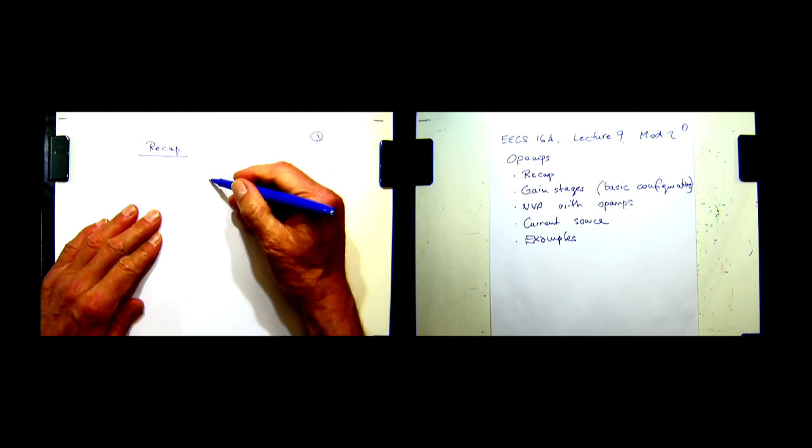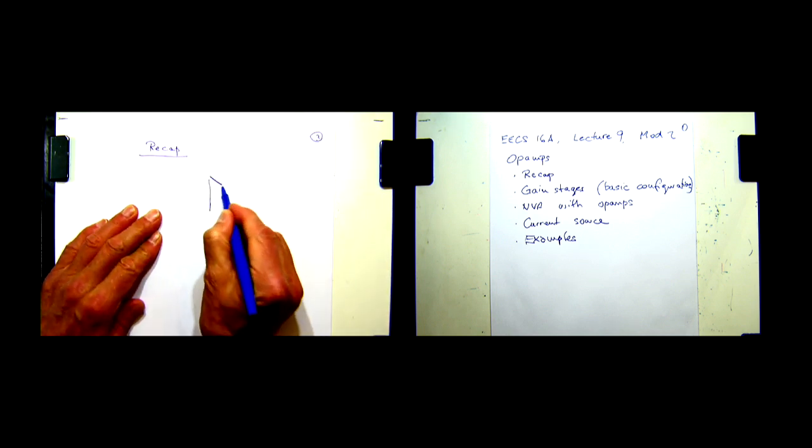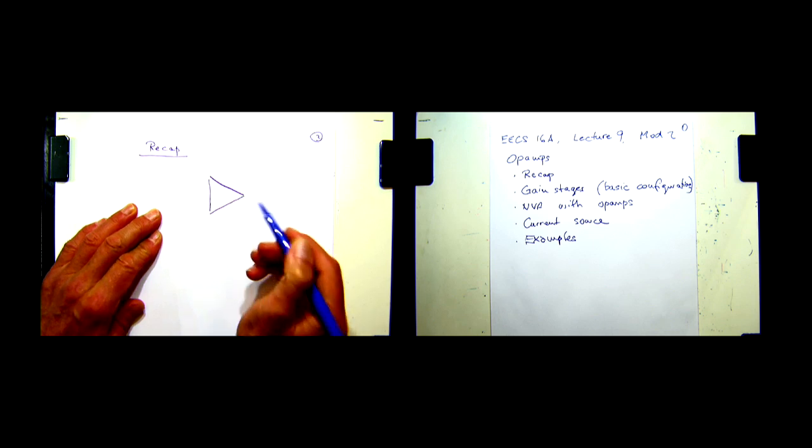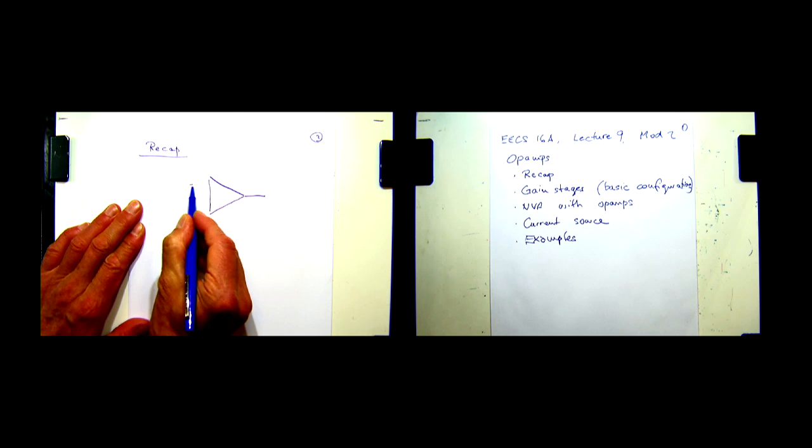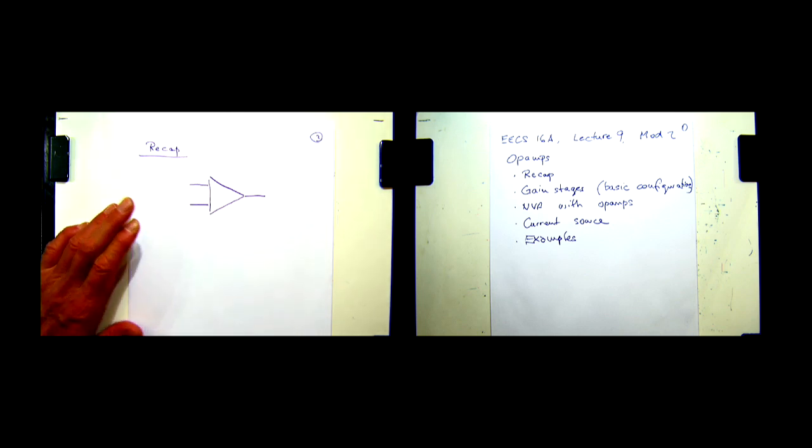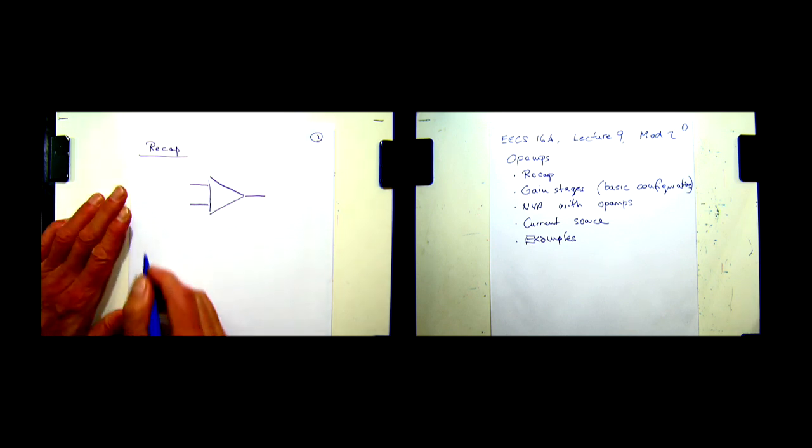So, first of all, an operation amplifier has a symbol, and the symbol is a triangle, and it's got an output, and it's got two inputs, and it generally is used with feedback.